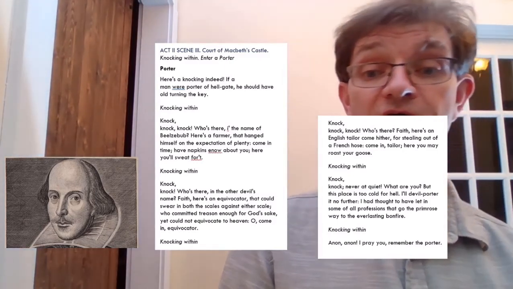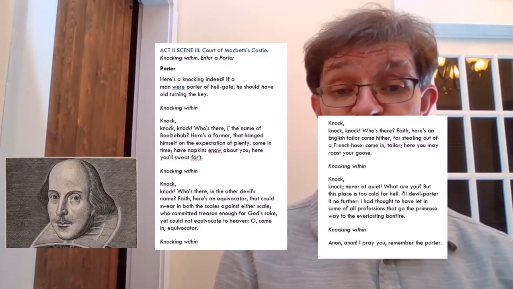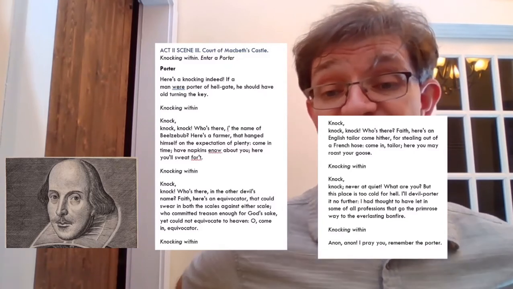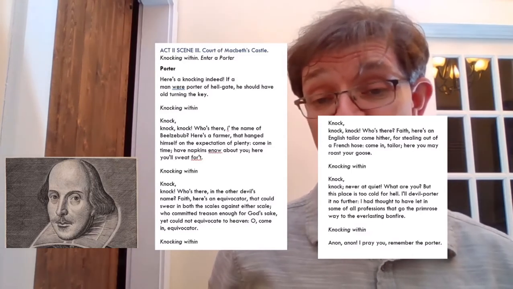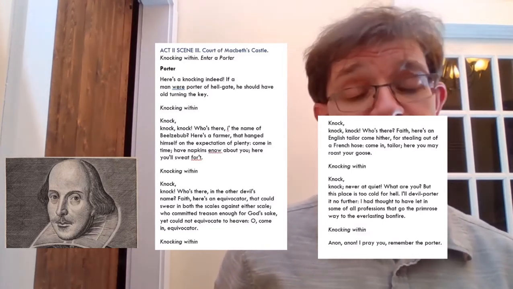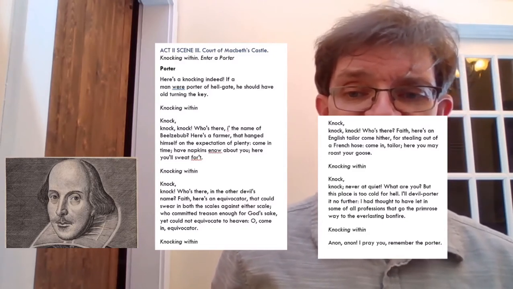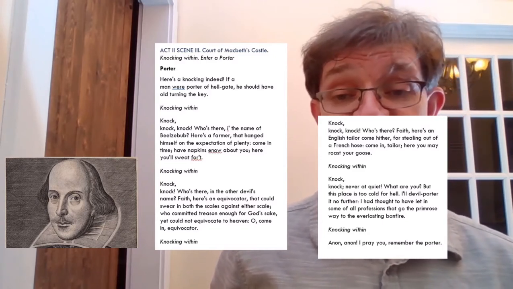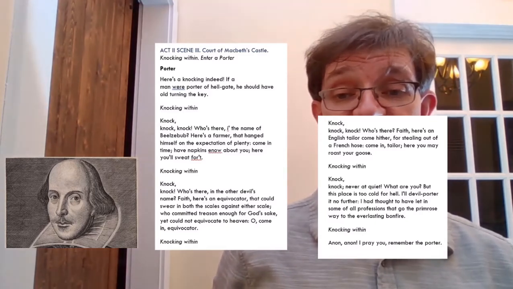Hello. So the porter comes in at the beginning of Act 2, Scene 3. The immediate scene before this, sorry guys, spoilers, you should have watched the play by now, was the scene where we discover that Macbeth has murdered Duncan and then murdered his two servants.